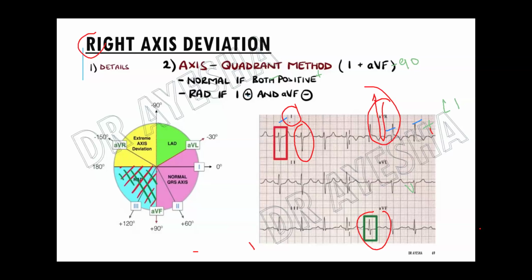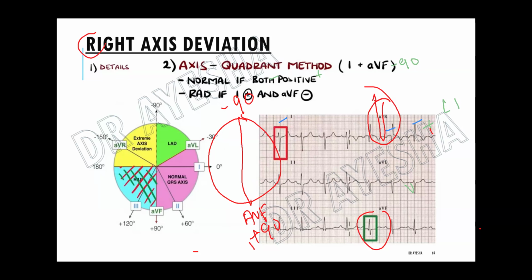So let me quickly make this circle as well for you people, just for memorization. I made AVF positive 90, minus 90, and lead one. This lead one positivity is over here, negativity over here. Because this one is in the downward direction, I'm assuming it could be over here, over here, over here.